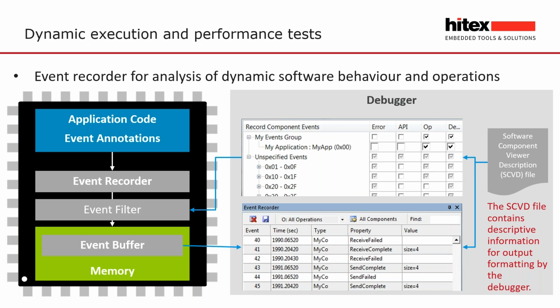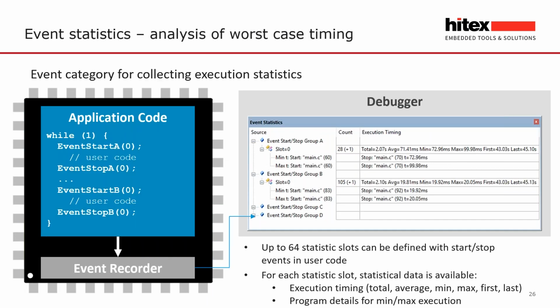You could do this on entry and exit to a function, and then you get its max, min, and average run times. This can be done on every Cortex-M processor, so this gives us a lot of timing information and validation of our code as well. We can have up to about 64 of these slots, and these are all displayed in our event statistics window.